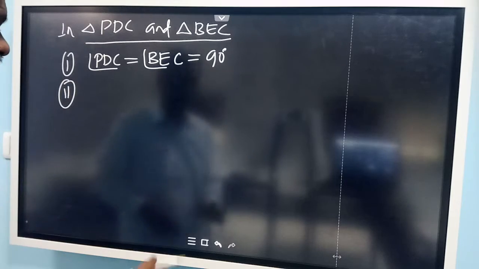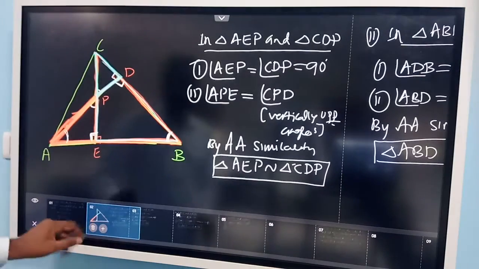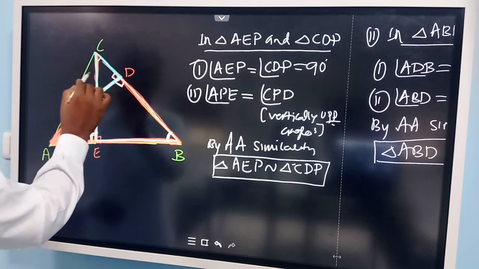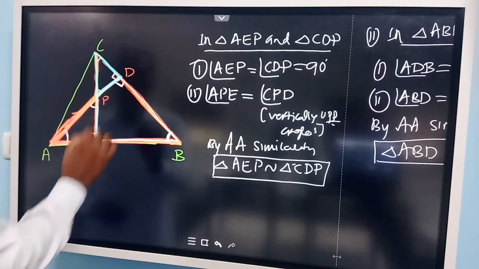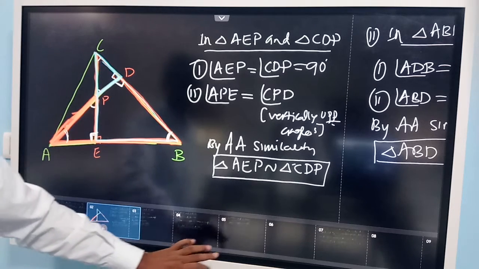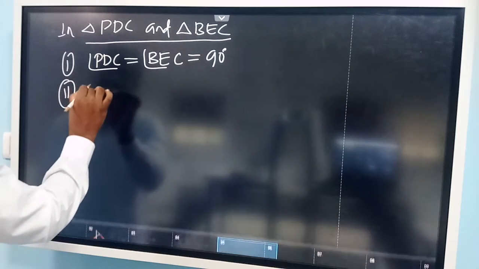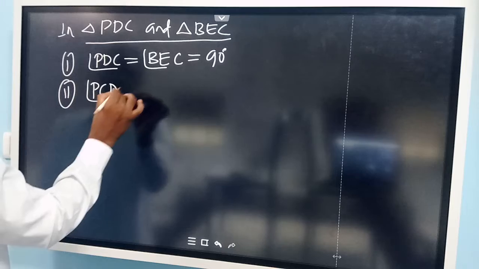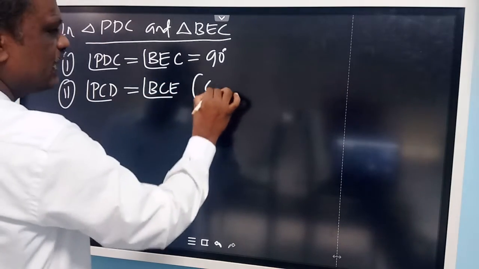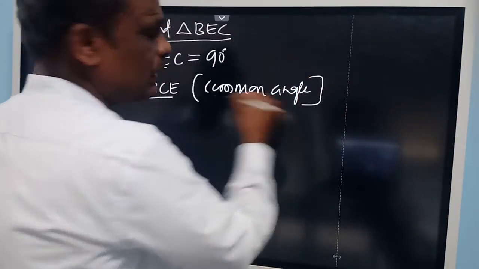Looking at the diagram once again, in PDC and BEC, angle C is common. So here PCD and BCE are both the same. So we can write PCD is equal to BCE, both are common angles.